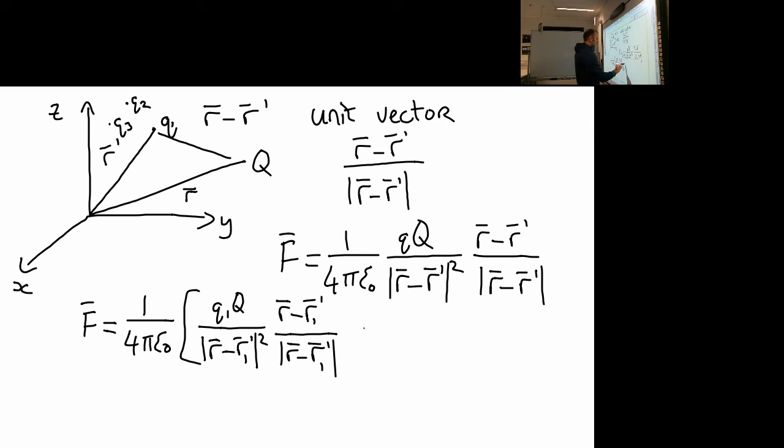Then we have to look at the contribution from the second charge, which is going to be plus Q2 by big Q over the distance between Q2 and big Q. So we have R minus R prime, I'm going to call this R prime 2, to be squared.